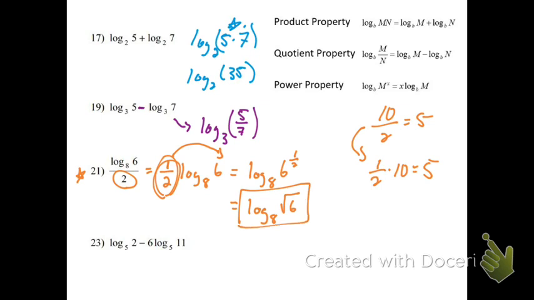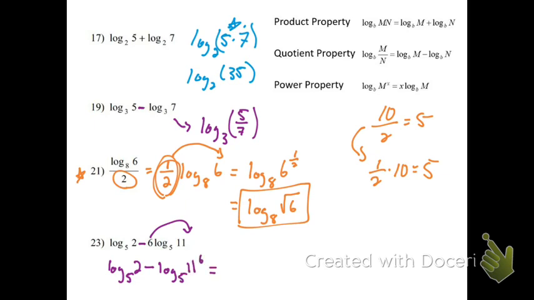Thank you for that. Now, a couple things going on with number 23. So we're going to break it down one at a time. I'm going to go ahead and leave this log base 5 of 2 alone, and leave the subtraction alone. But I'm going to take this 6 and put it on the 11, because that's the exponent there. So it'll be log base 5 of 11 to the 6th power.